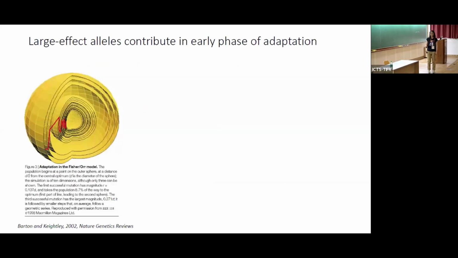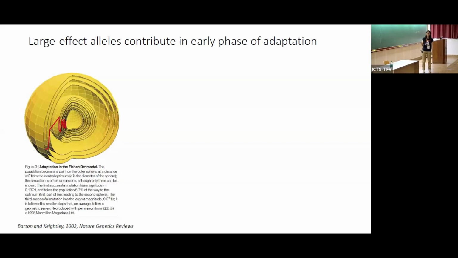So since we already observed that the majority of adaptation might have already happened, I was wondering whether this initial phase of adaptation has been facilitated by the contribution of large effect alleles, and later on, at later time points, we have a contribution of small effect alleles.